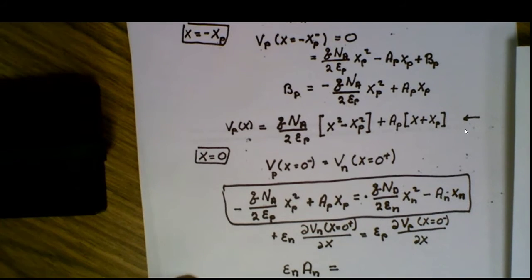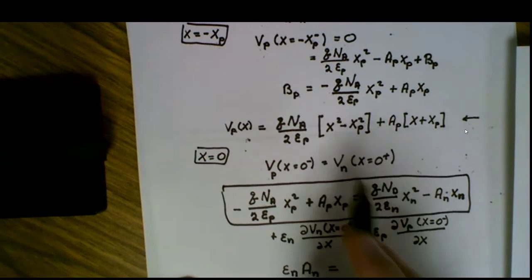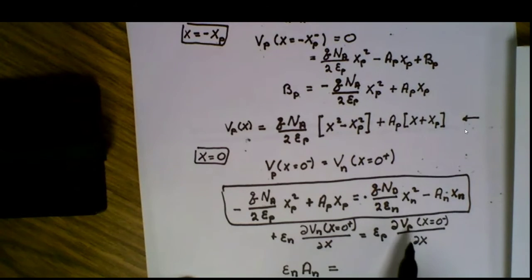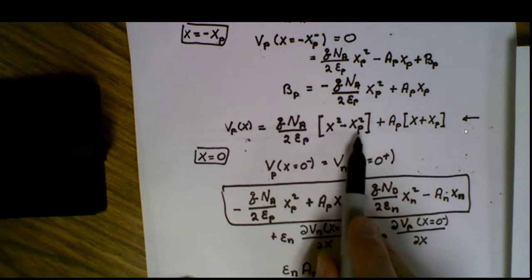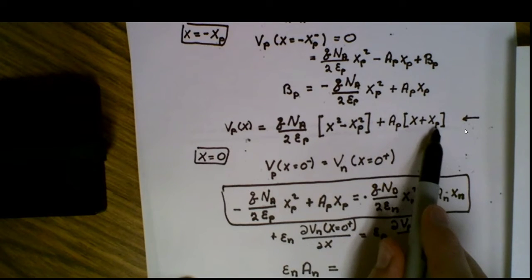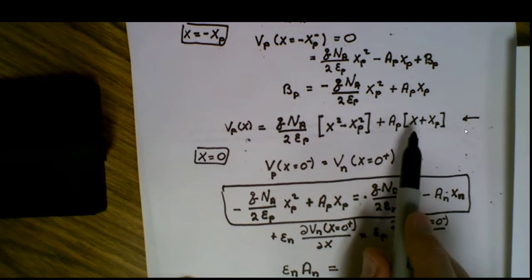For the right-hand side of the equation, same thing. We observe that if we take the derivative of the potential v sub p with respect to x, the first term will give rise to 2x, forcing x to be 0, that goes away. This term is a constant, and this term is a constant, therefore its derivative goes away.